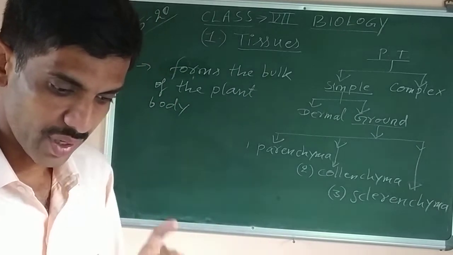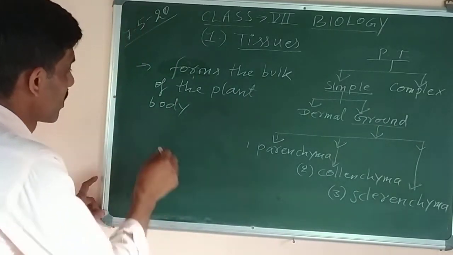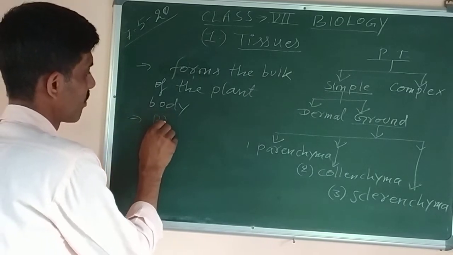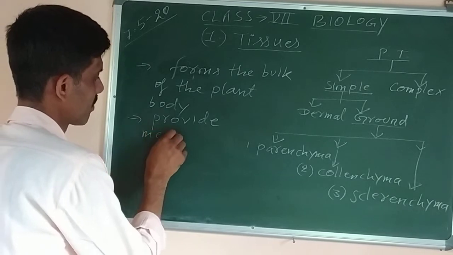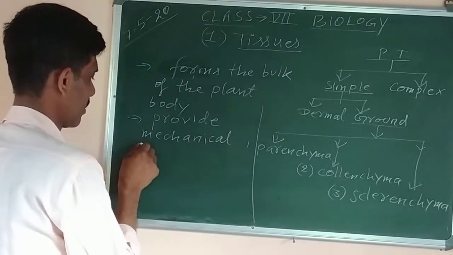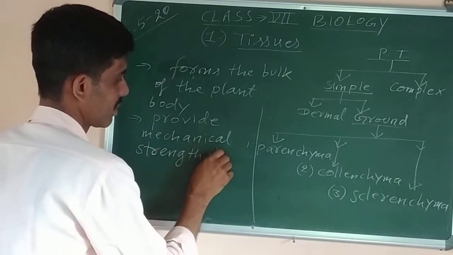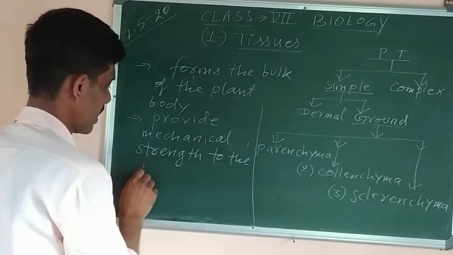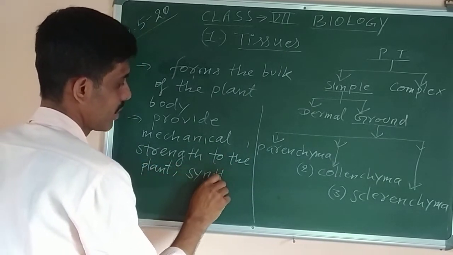Ground tissue forms the bulk of the plant body, and it is responsible for providing mechanical strength to the plant, and helps in synthesis and storage of food.